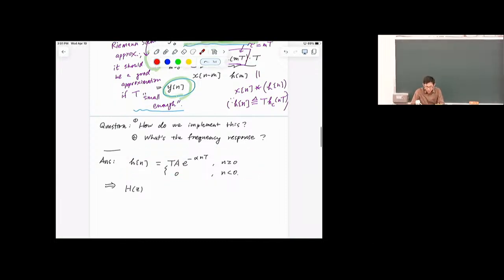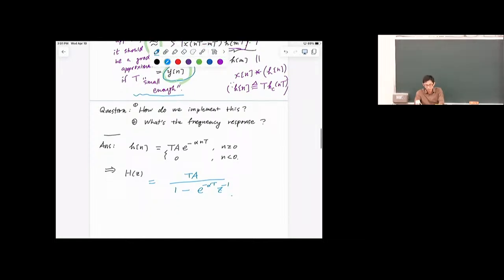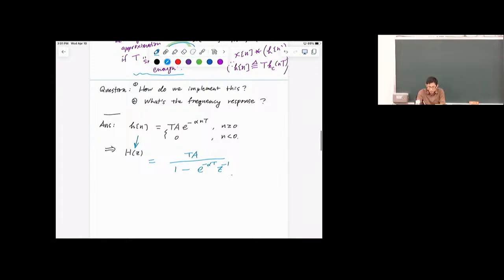It turns out that you can turn this h of n into an h of z, which should look like T_a divided by 1 minus alpha_T z inverse. You can check that this is the equivalent system function, and then we're ready to turn this into a difference equation.